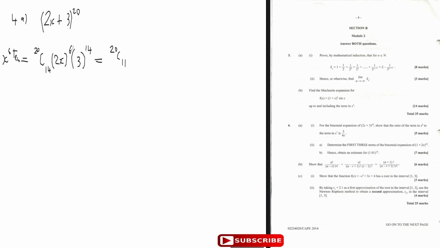2x to the 6, 2 to the 6 is, I think that's 64. 64 times x to the 6 times 3 to the 14. That's a big number, so I'm just going to write times 3 to the 14. All right, then I need the x to the 7th term.